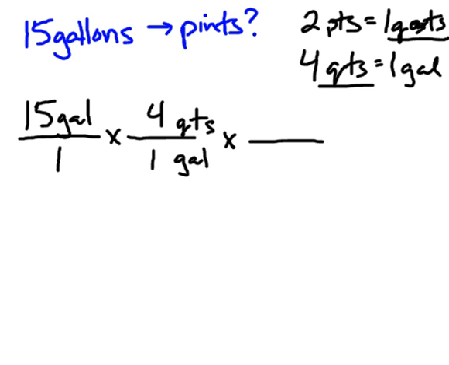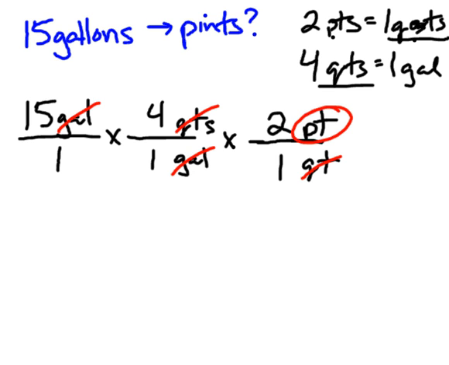I need to get rid of quarts, because I don't want quarts, I want pints. So I do know that there is 2 pints in every 1 quart. So if I go quart, pint, there's 1 quart for every 2 pints. Okay? So quarts cancel out, gallons cancel out, pints is what I have left.